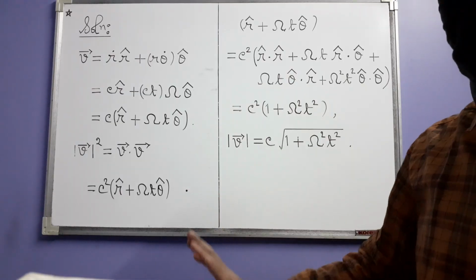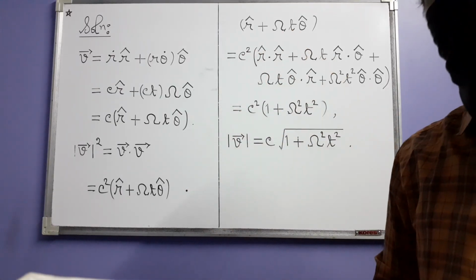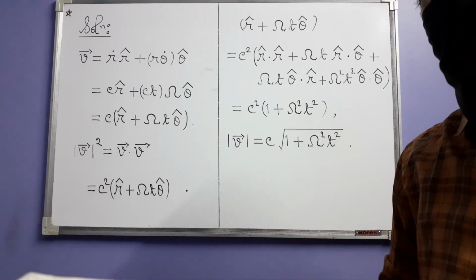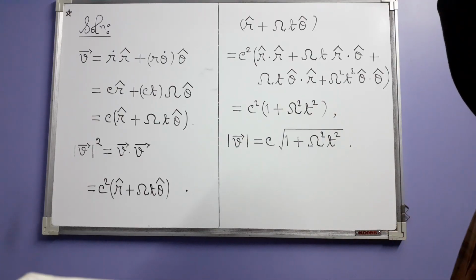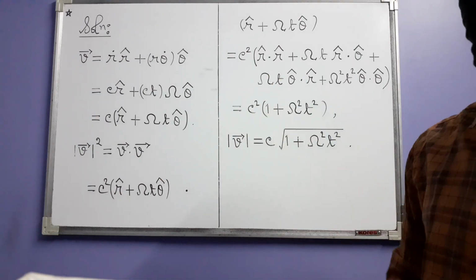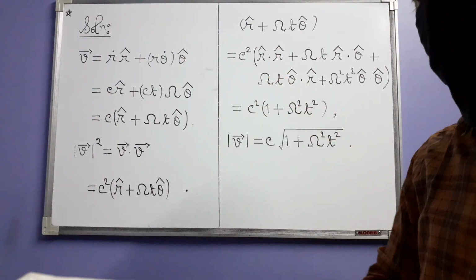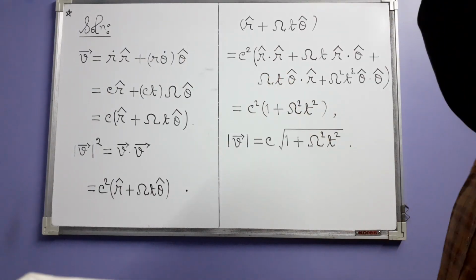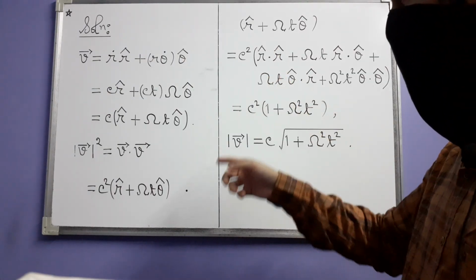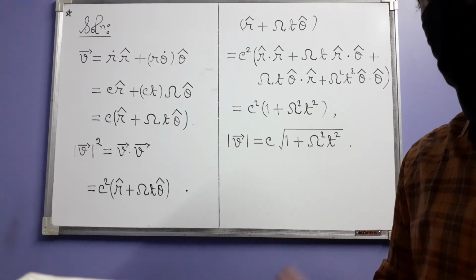I ran out of space here, so I wrote on that side. And then you use the distributive laws and the other laws of vectors that you have encountered so far. Or to put it more simply, you just multiply r hat dot r hat. Do not forget that the product is dot product.